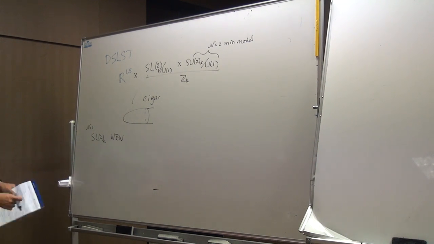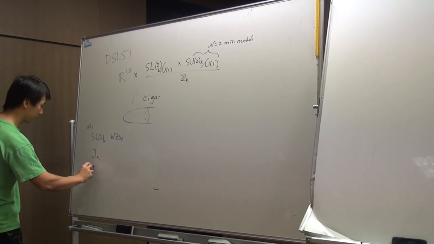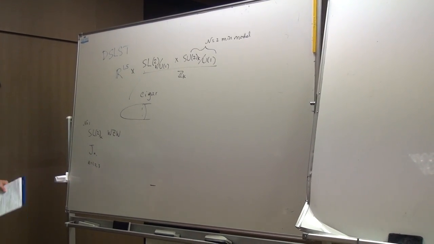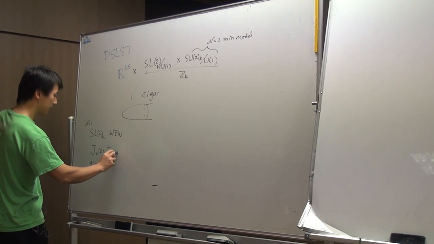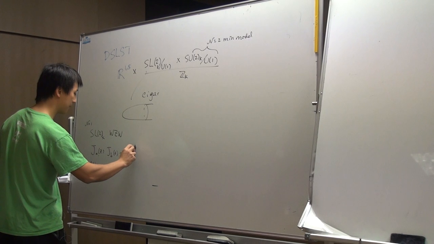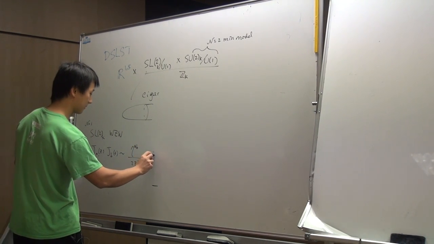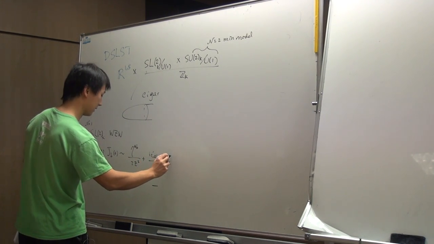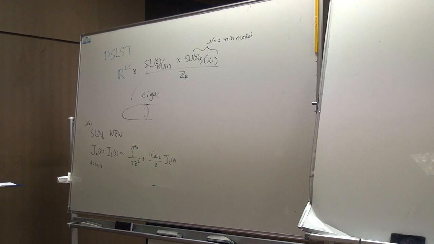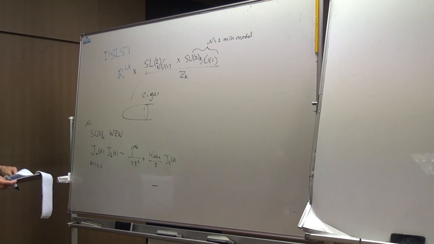So the SL2 WZW model consists of currents J^A, where A runs from 1 to 3, let's say, with the OPE J^A(z) J^B(0) being some η^AB over z squared plus some i ε^ABC over z J^C(0), where η^AB is of signature (2,1).